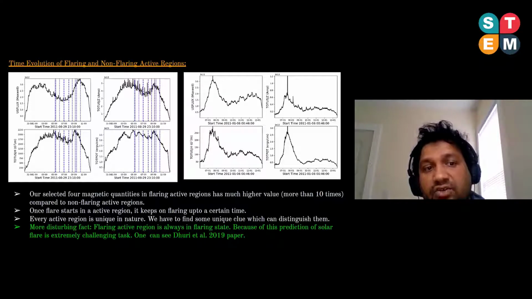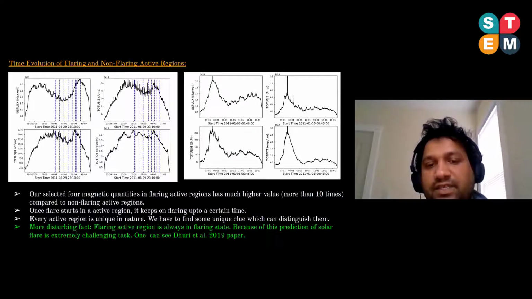And the second conclusion is that when a flare touches an active region, it keeps on flaring. Third, every active region is unique, so we have to find some unique clue which can distinguish the flaring active region from the non-flaring one. And a more disturbing fact I want to focus on is that a flaring active region is not always in a flaring state.